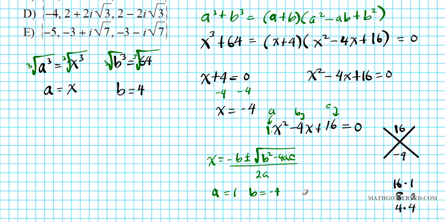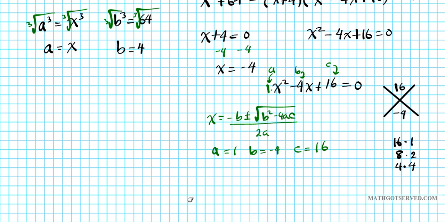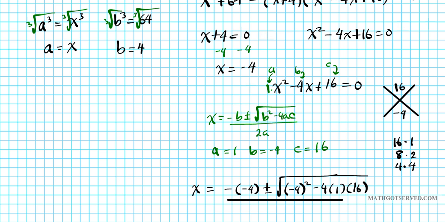All right, so let's plug that all in. So we're going to have x equals negative b plus or minus the square root of b squared minus 4ac divided by 2a. Okay. So for 2a, we have 2 times 1.